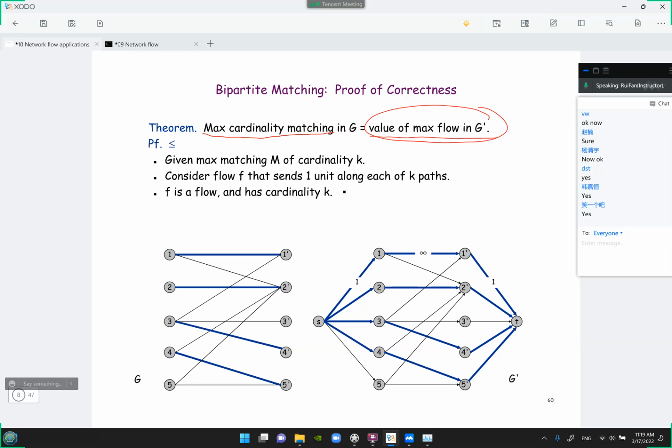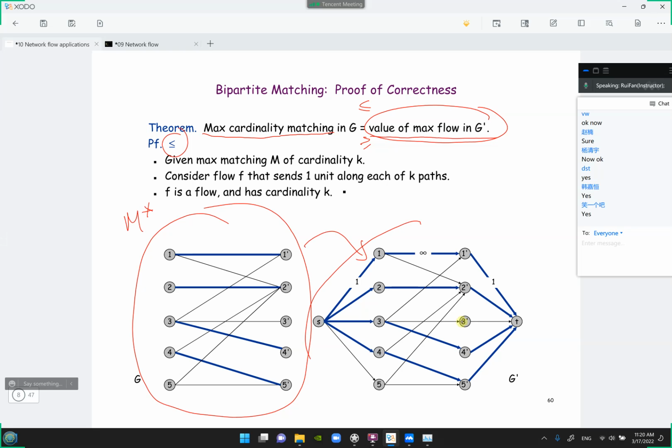So how do we prove this? We're going to prove that these two things are less than or equal to each other, and also greater than or equal to each other. We'll prove both directions. First, we're going to prove that the maximum matching is at most the size of the maximum flow. The way we do that is you start with a matching, M star, the maximum matching, and you transform it into some sort of flow.